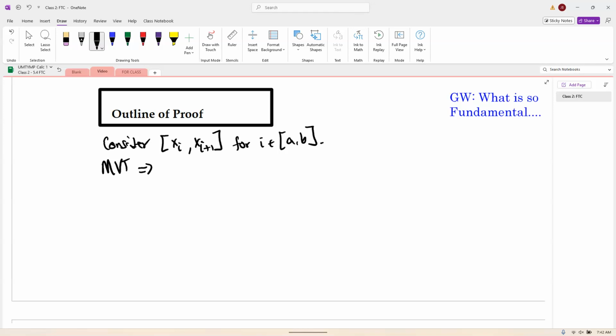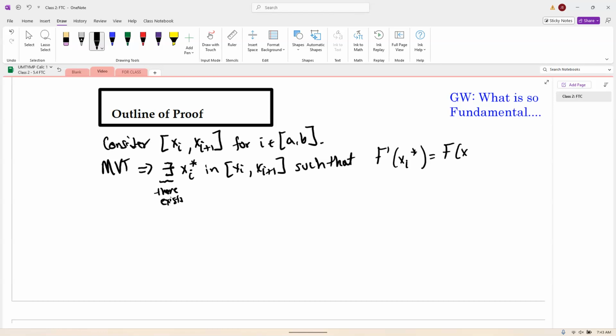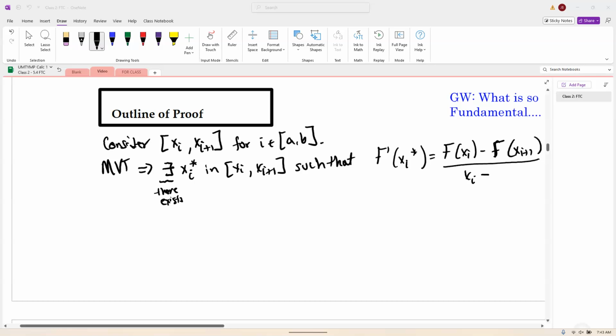So the MVT would give us that there exists some xi star in this interval that I've chosen, xi to xi plus 1, such that big F prime of xi star is equal to big F of xi plus 1 minus big F of xi, all over xi plus 1 minus xi.